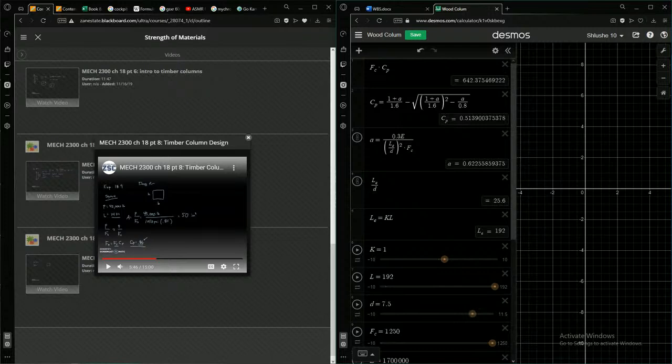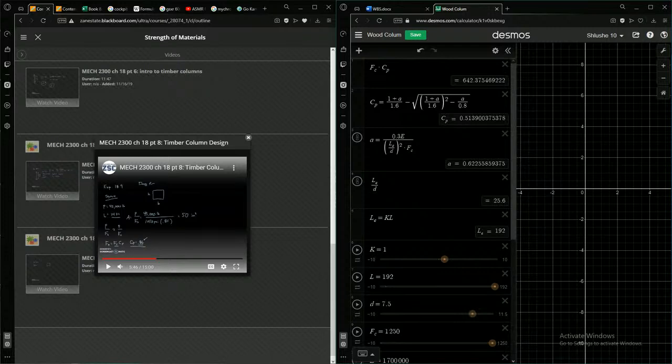Alpha equals 0.3 times 1.7 mil, he'll know what I mean, divided by 25.6 squared times 1250. And that's going to get us 0.6226. I'm going to be really accurate with that.